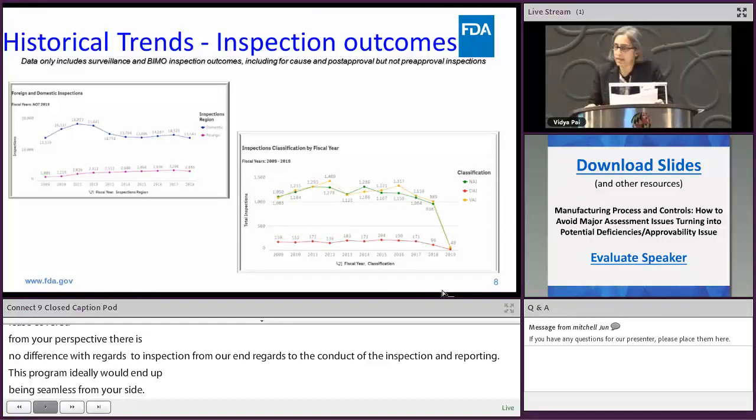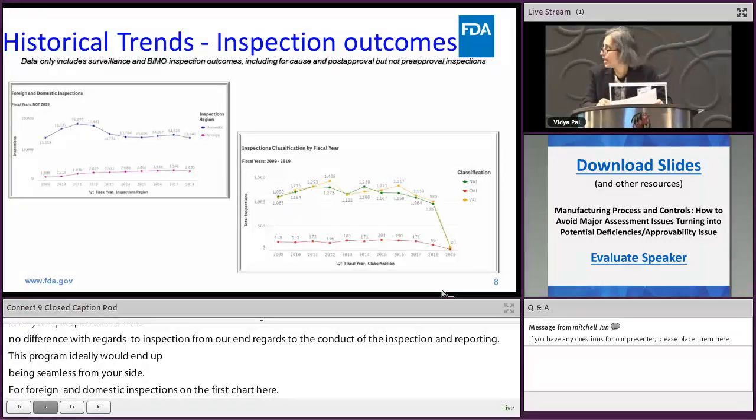You can see the inspectional burden is in the many thousands and has been pretty steady. This is for foreign and domestic inspections, and the first chart includes inspections for drugs, food, veterinary medicine, radiological health, and multiple other areas.